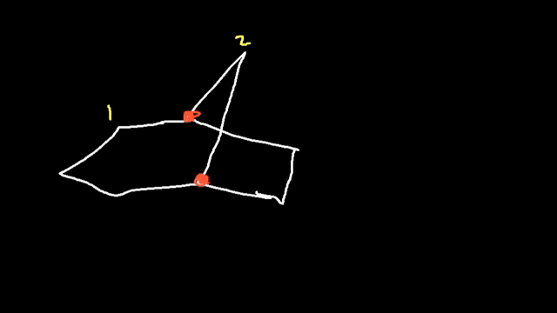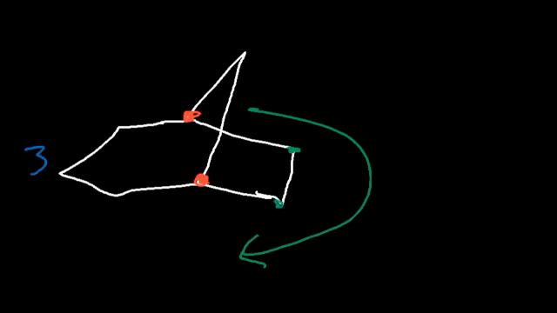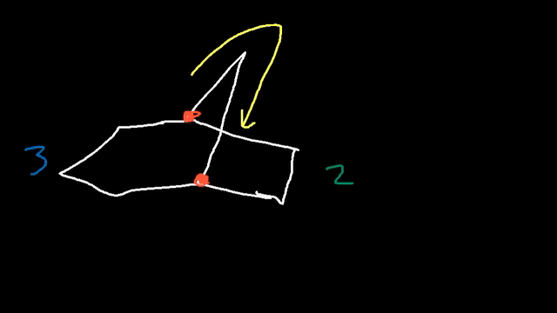So those are tertiary carbons. Now, on this side, there are 3 carbons. 1, 2, 3. And in this link, we have 2 carbons. And over here is only 1 carbon.